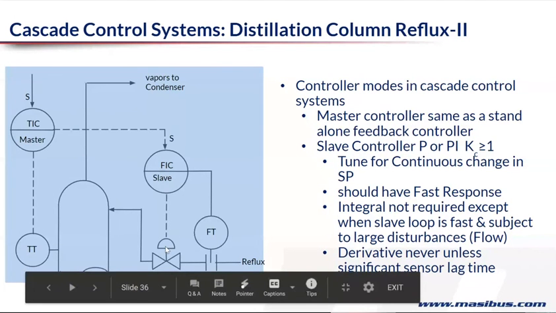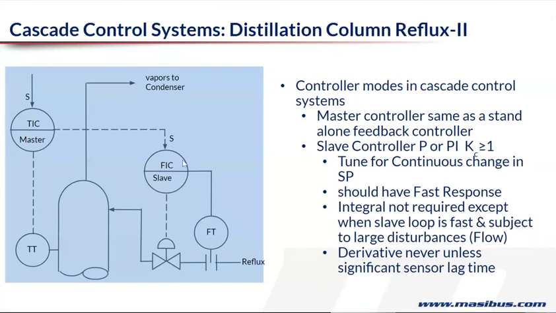If the sensor is also fast, like a flow sensor, then no need to use derivative. So you will be using the power of integral only in the slave controller. The master stays the same as a standalone, and you will get beautiful control by using this cascade control. All right.